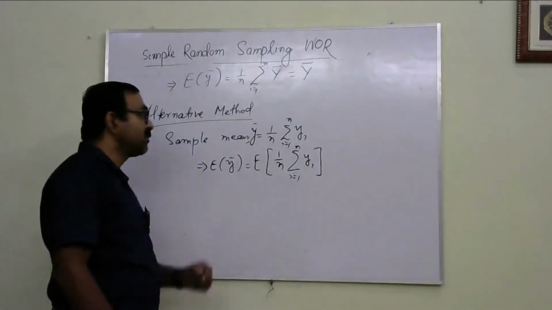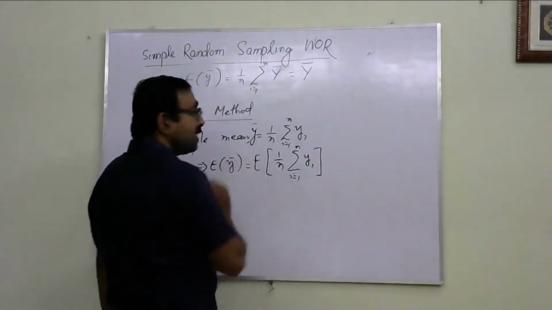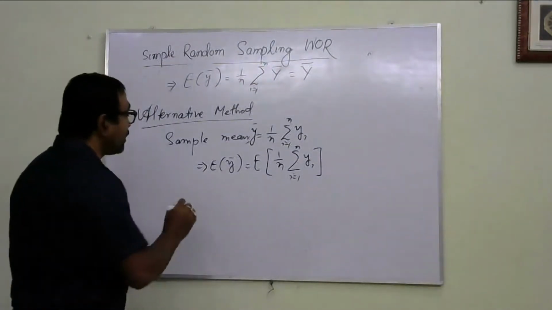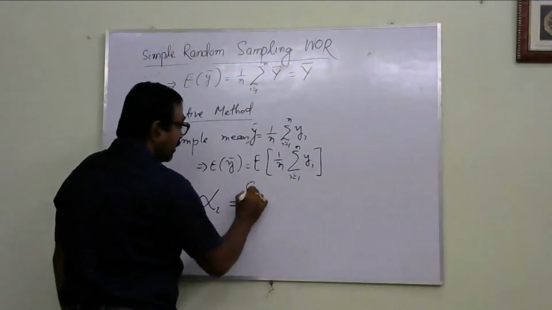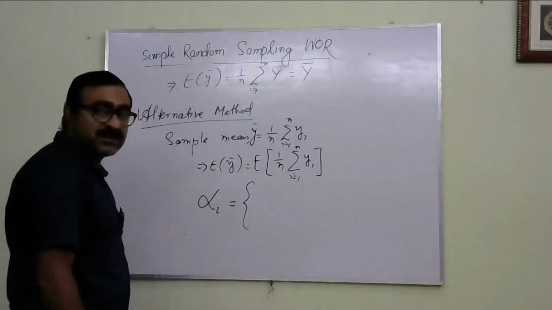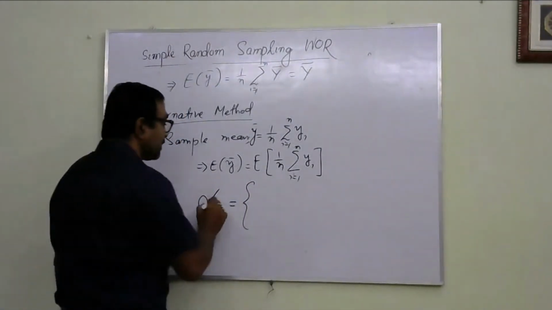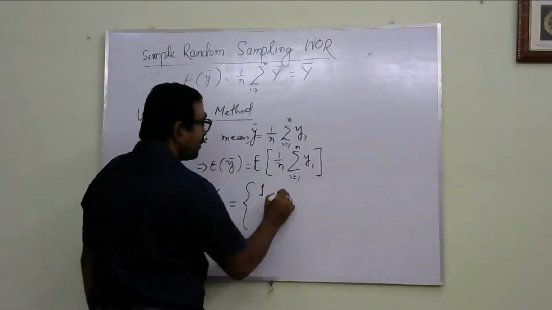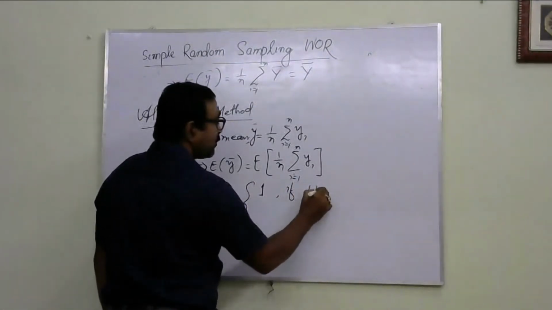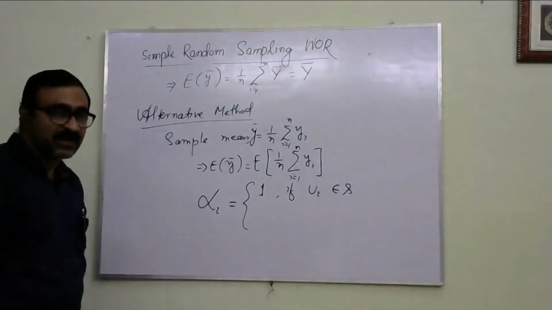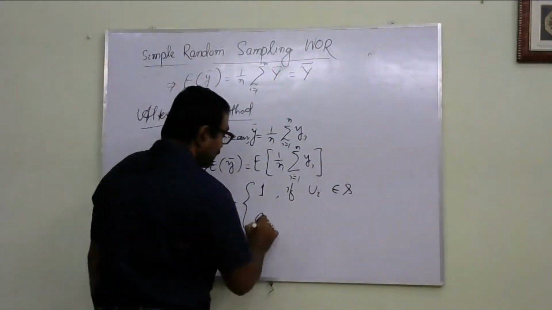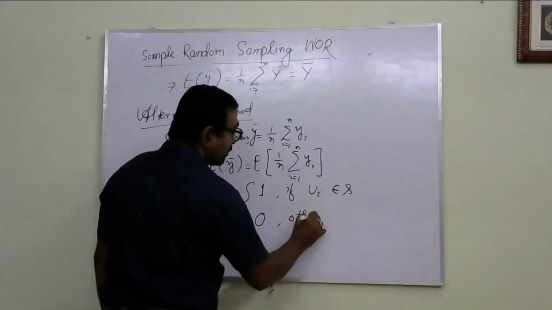Now here, to find this expectation, we define a random variable alpha i for the ith unit of the population. Alpha i equal to 1 if the ith unit is selected, that is included in the sample, and 0 otherwise.